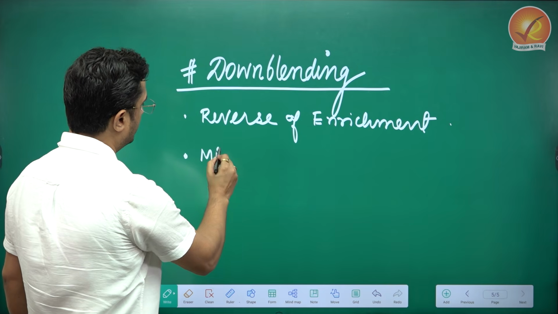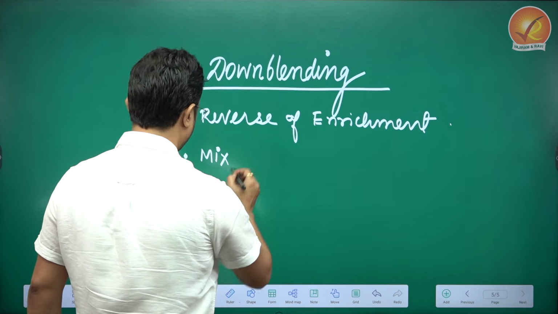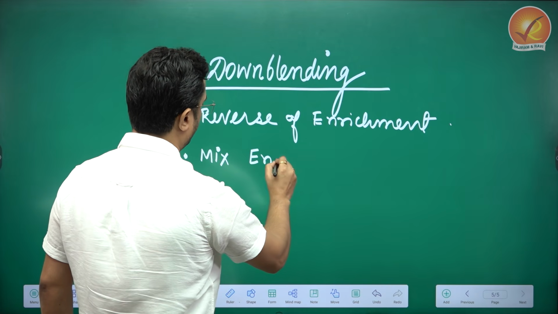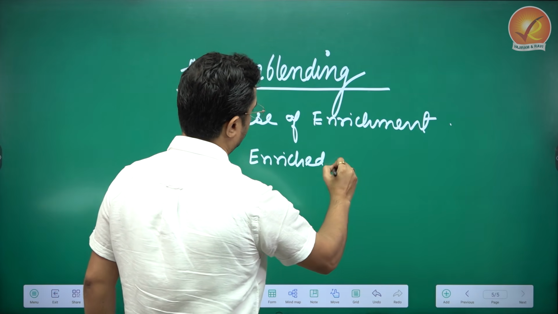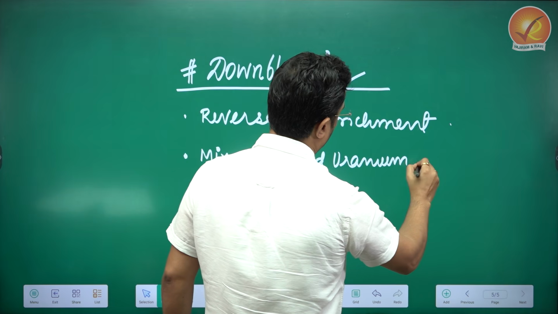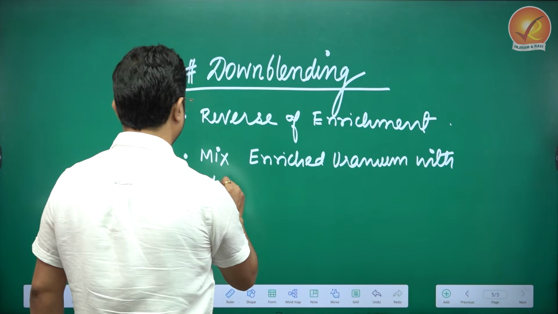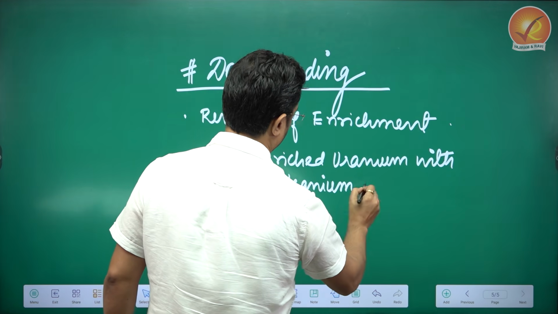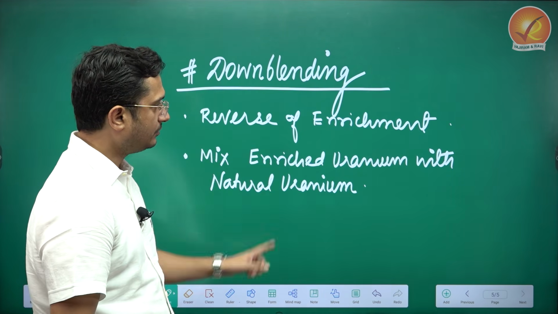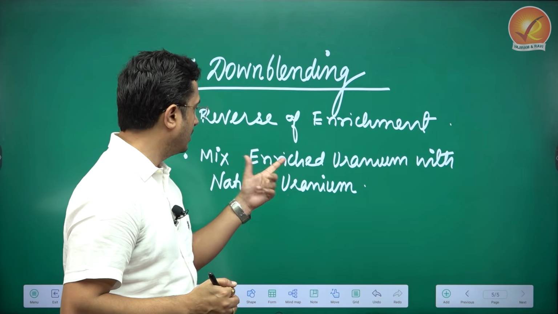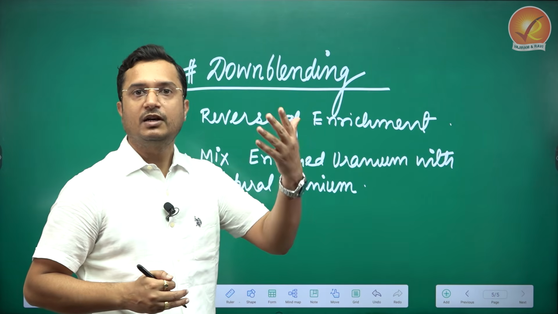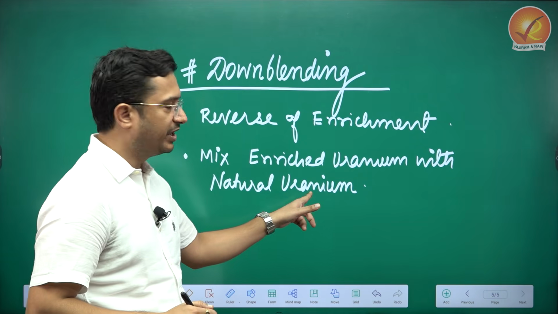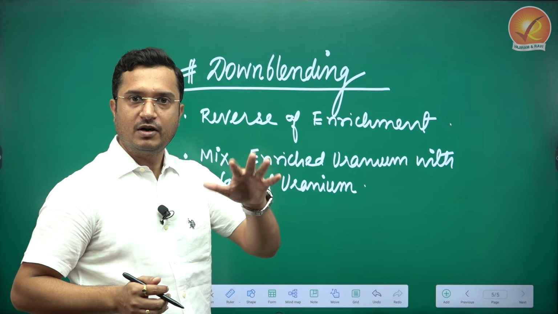They would mix the enriched uranium with, let's say, natural uranium. They would mix natural uranium with the highly enriched uranium you had. If you keep adding this natural uranium, the overall percentage of uranium 235 would keep on reducing.